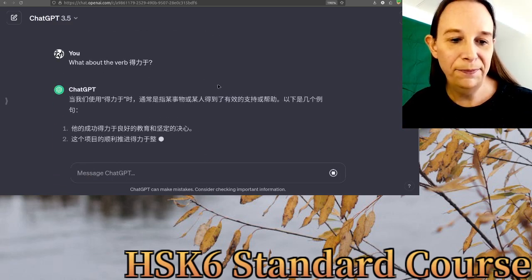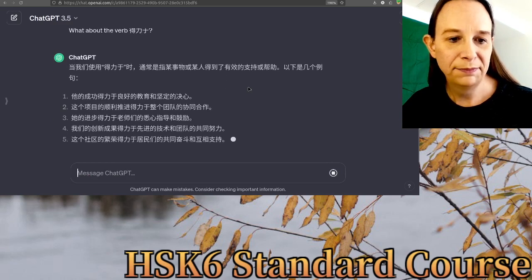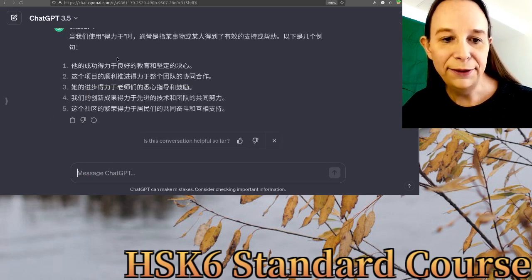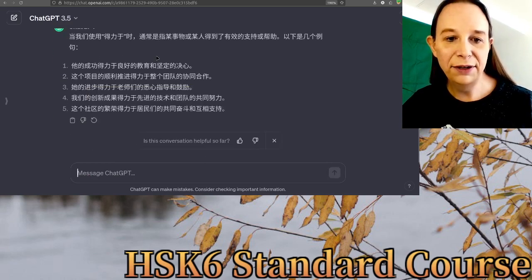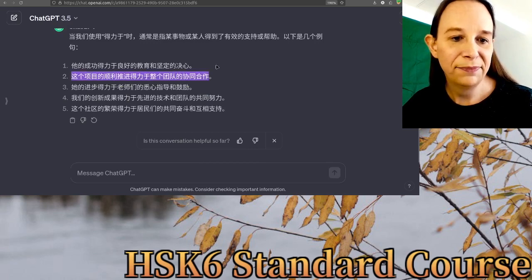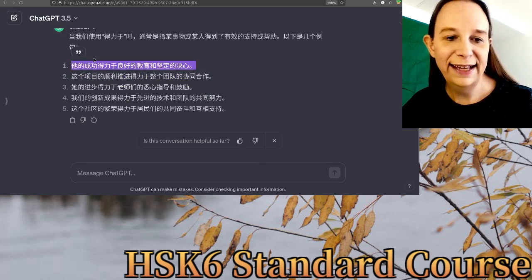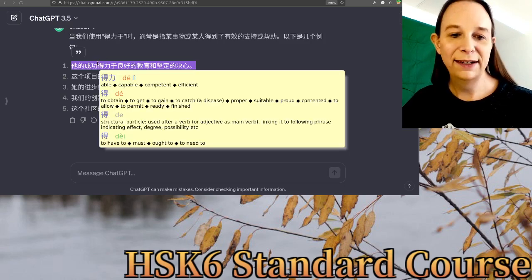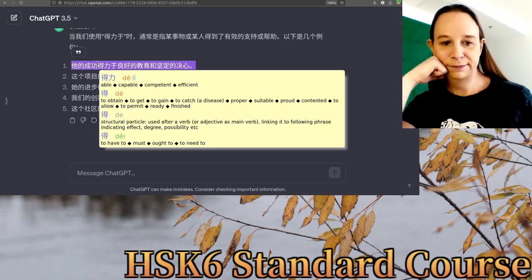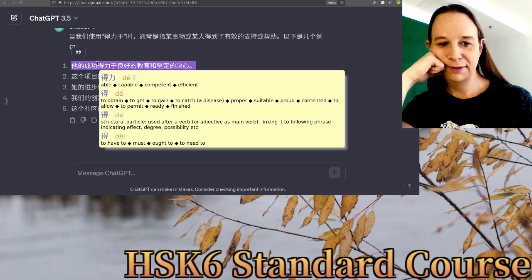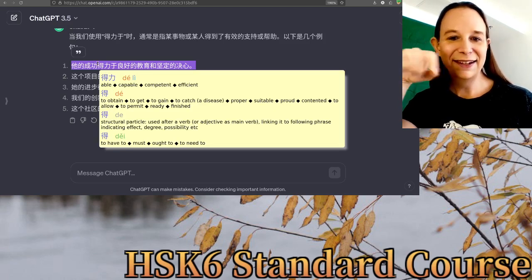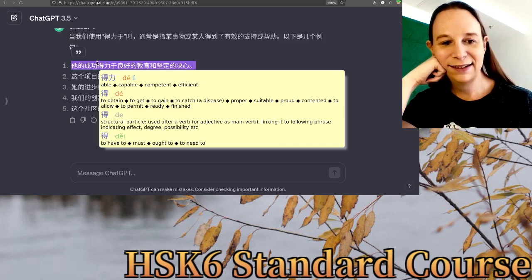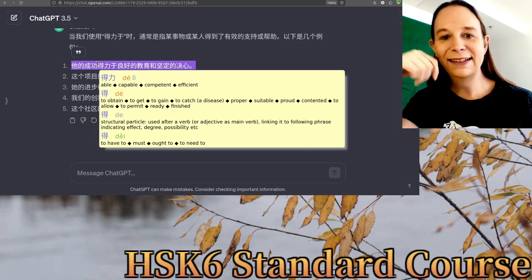Maybe I'll make it better. 他的成功得力于良好的教育和坚定的决心. So his success benefited from, or at least, what's the word? This dictionary doesn't include it as a verb.